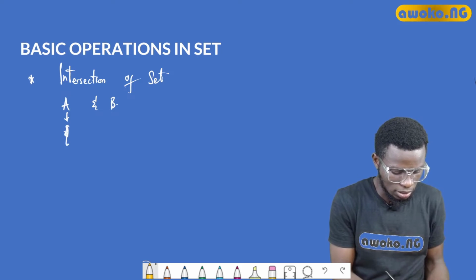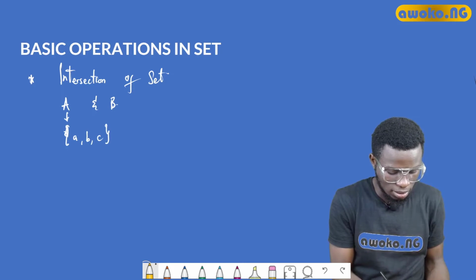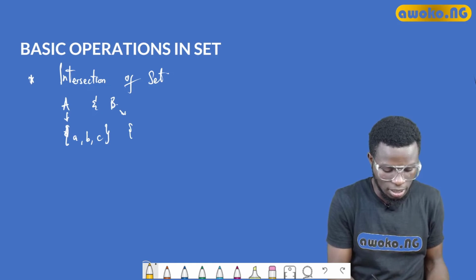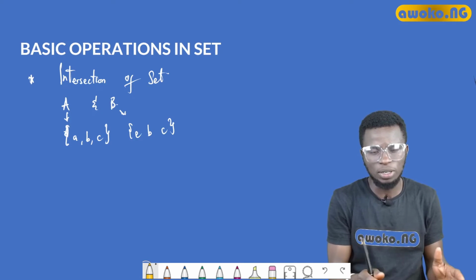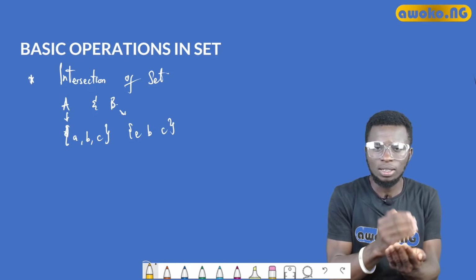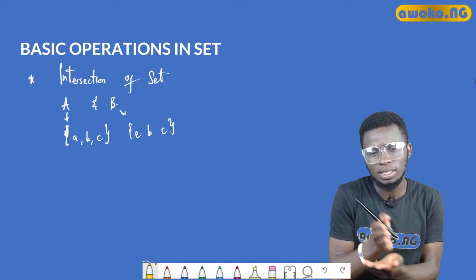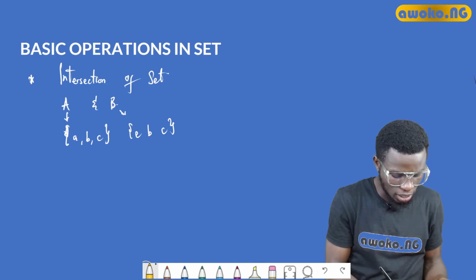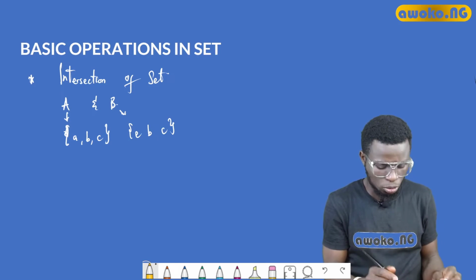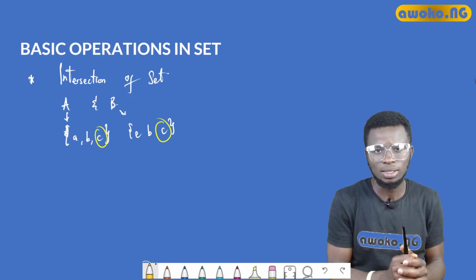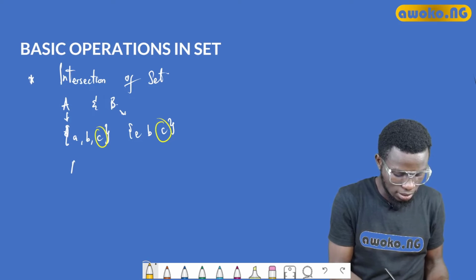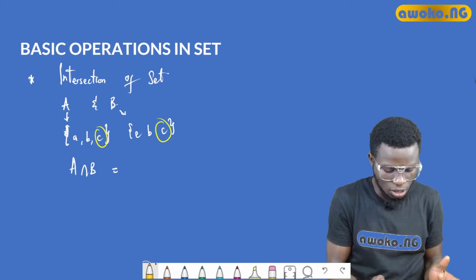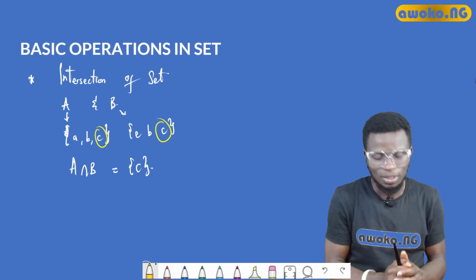Set A contains elements A, B, and C. Then set B contains elements E, B, C. So the intersection of these two sets is simply the common elements contained in set A and set B. And if you look closely, you realize that the only element that is common to both of them is element C. Therefore, A intersection B is equal to C.